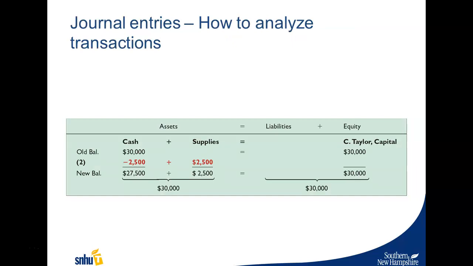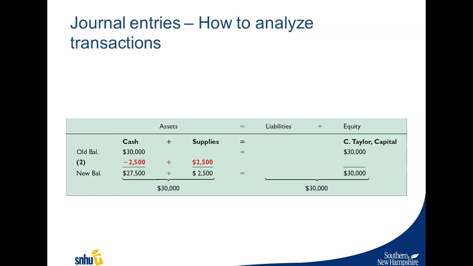So how do we record our transactions? How do we analyze them? We have to think about what actually occurred. If we don't know what occurred, it's very difficult to determine what accounts are affected by that transaction. So get an understanding of what's going on in the transaction. Reading the analysis that's given to you is important, because it gives you a lot of helpful hints.